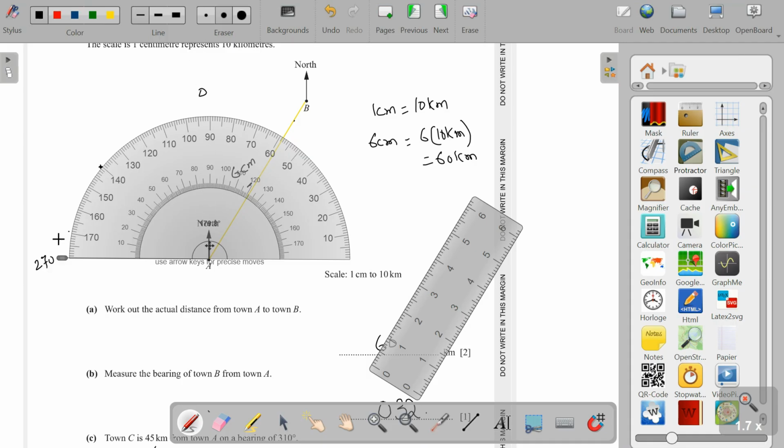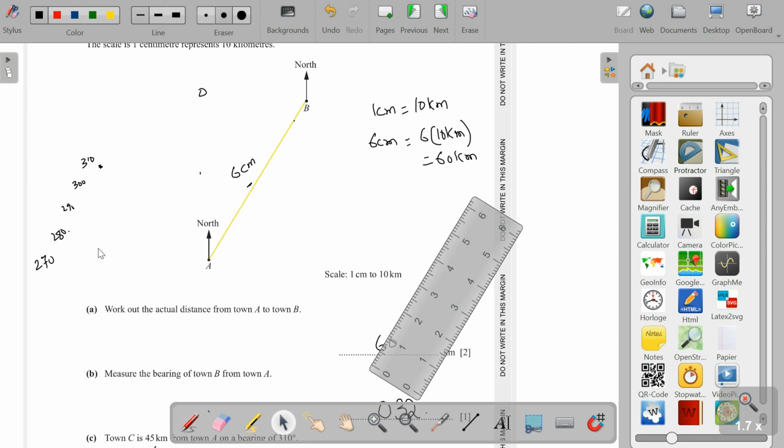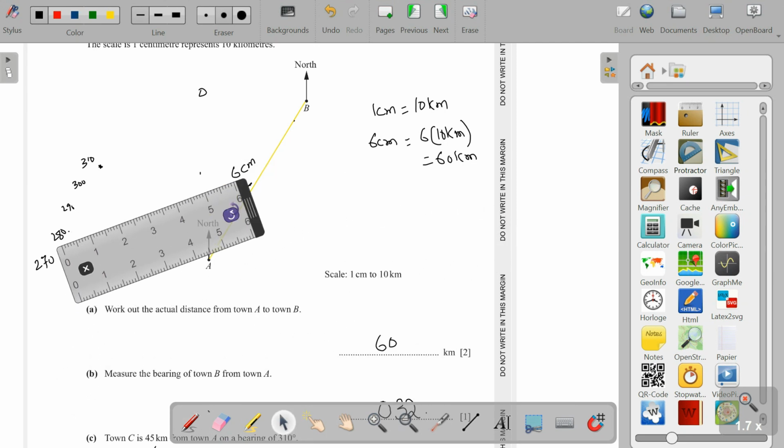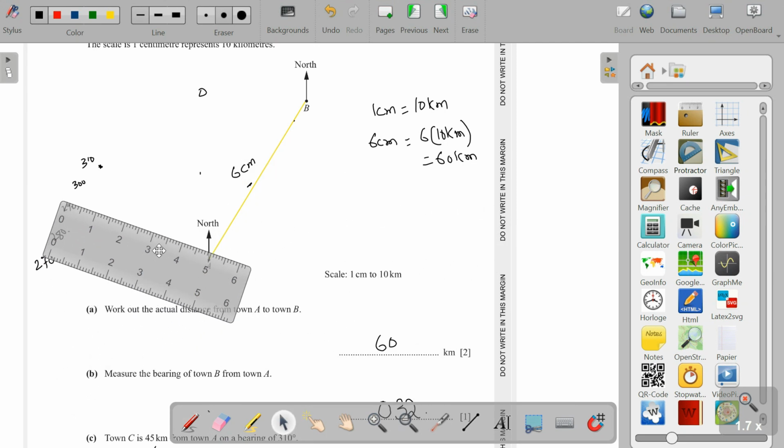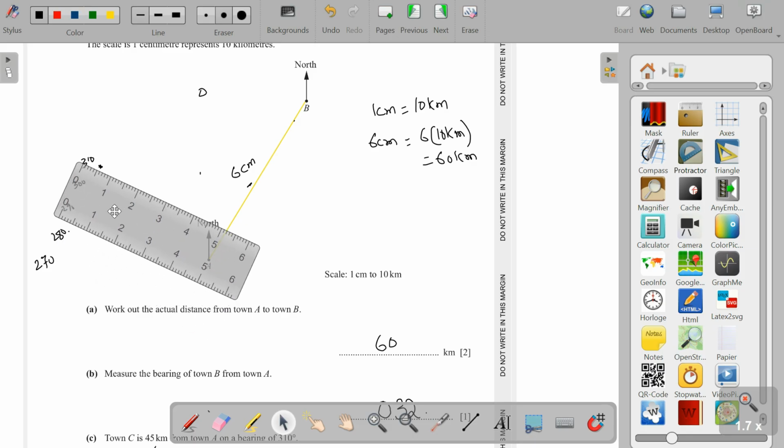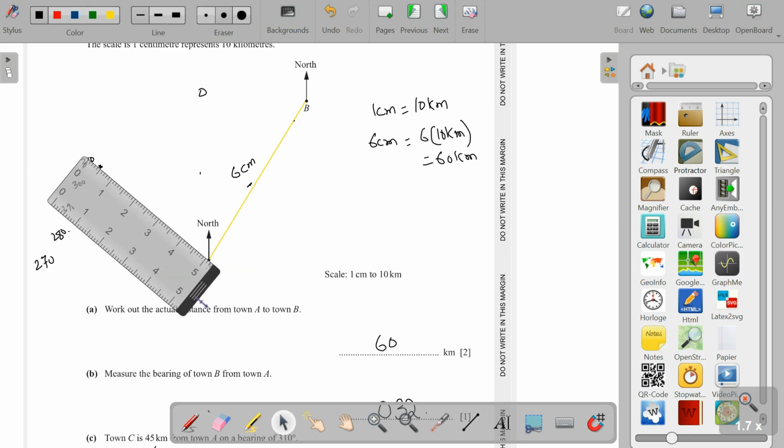Now further, 280, 290, and this one is 300, and then 310. This one is the point. We need to draw a line of 4.5 centimeters from A in the direction of 310. This one is 4.5. So you can see that this is the point. Town C will be located here.